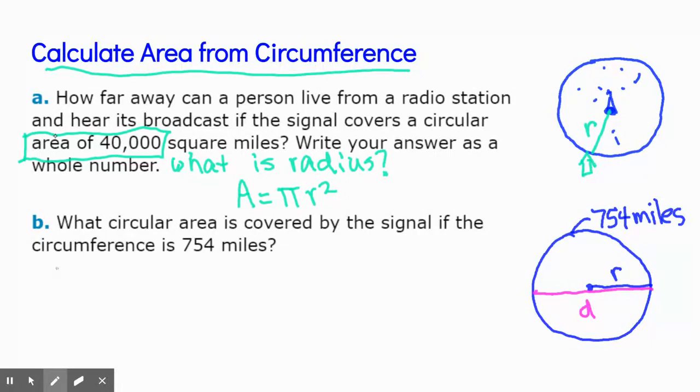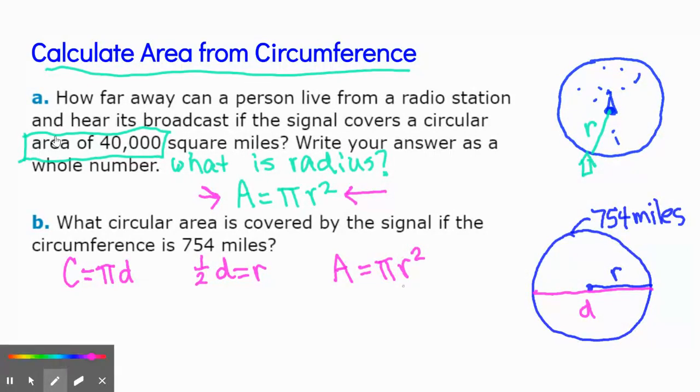Okay, so we use the circumference to find the diameter, use the diameter to find the radius, and use the radius to find the area. Okay, so remember this for part A and all of this for part B. This is going to be your exit slip.